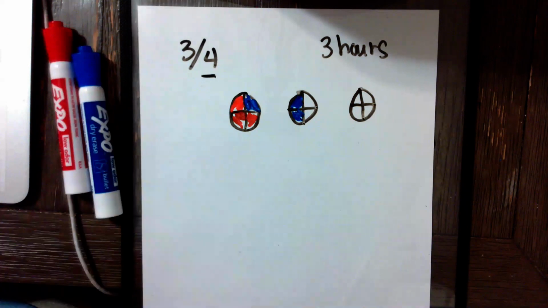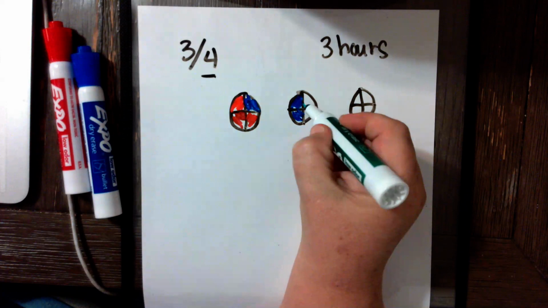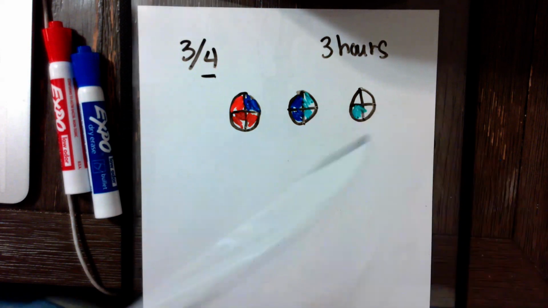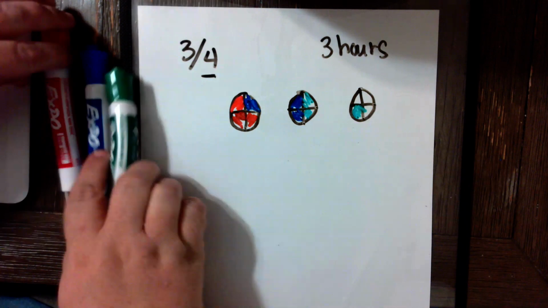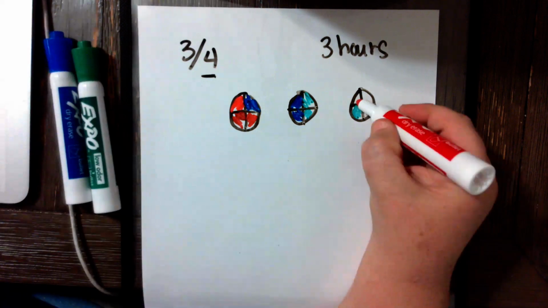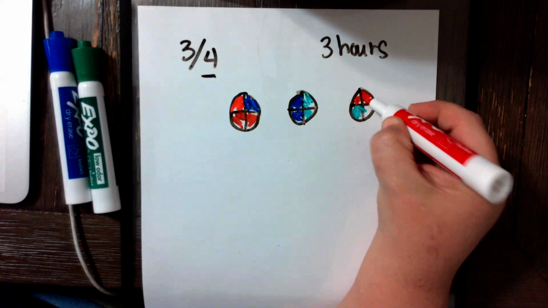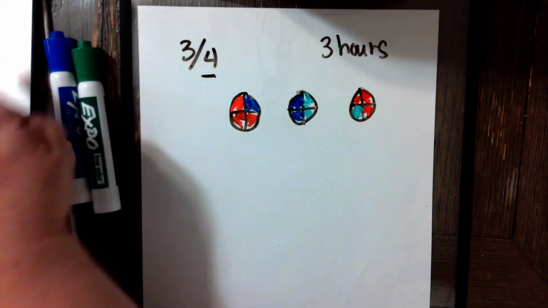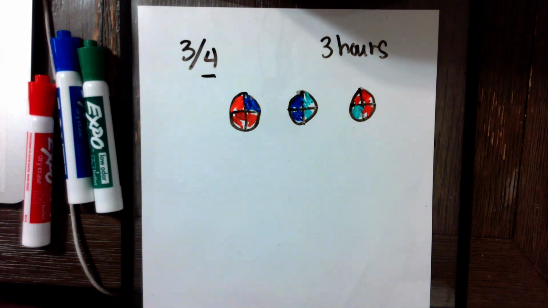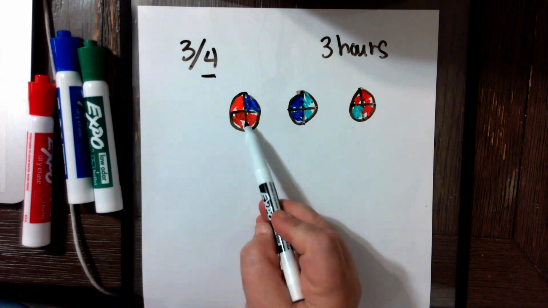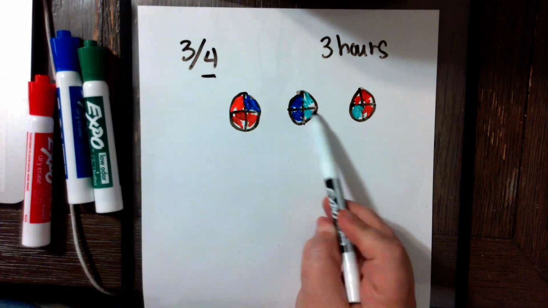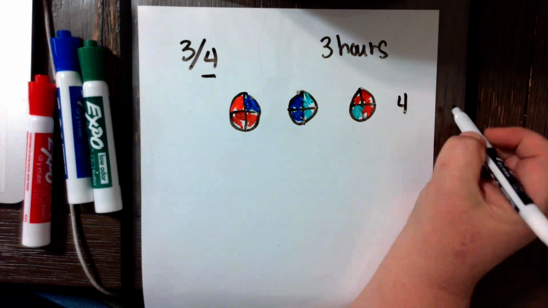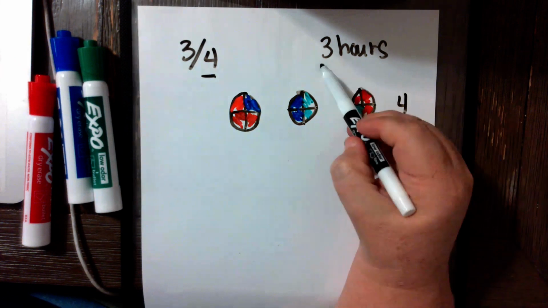So colors again. 1, 2, 3 would be another 3/4. And I'll just go back to the red. 1, 2, 3, that would be another 3/4. So then if I go back and I count up how many different 3/4 I made, here was 1, 2, 3, and 4. So that's 4 puzzles that she could do in the 3 hours.